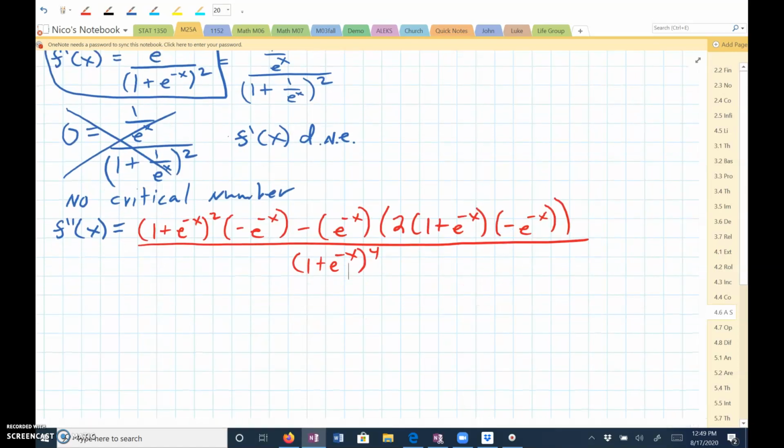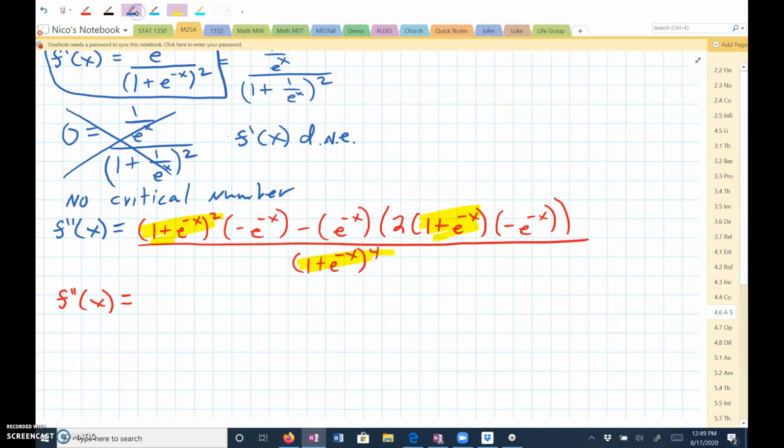Okay, so let's simplify this. Let's distribute here. So this would be negative e to the negative x. Let's not do that. Let's look here.